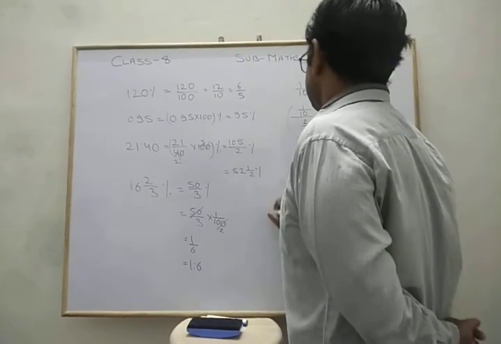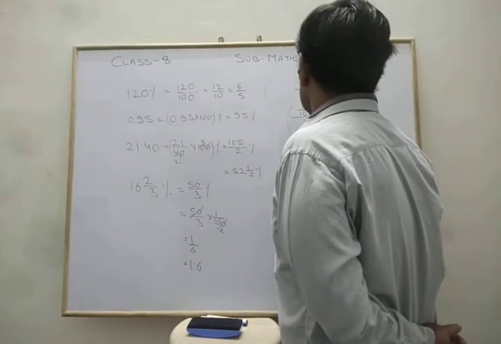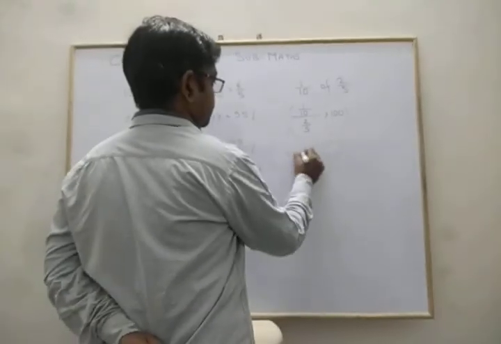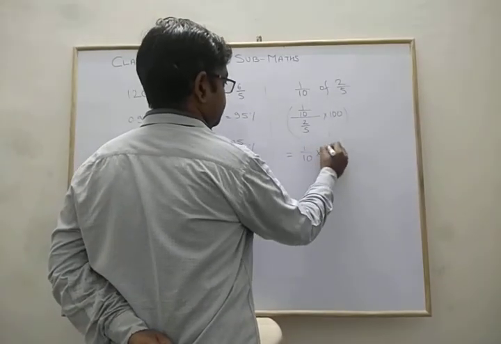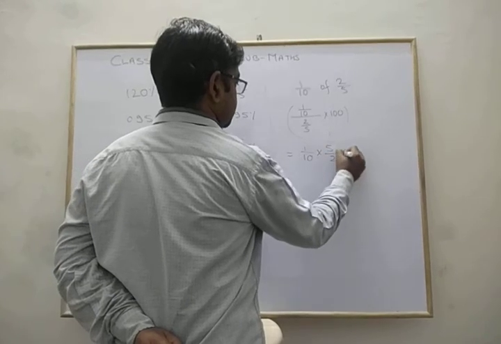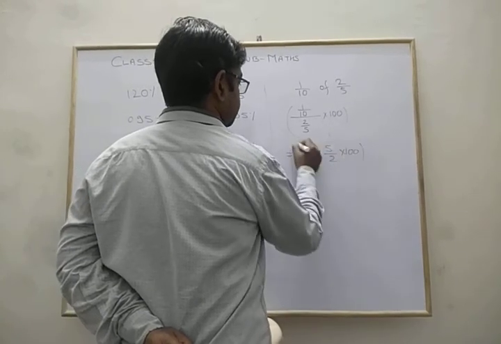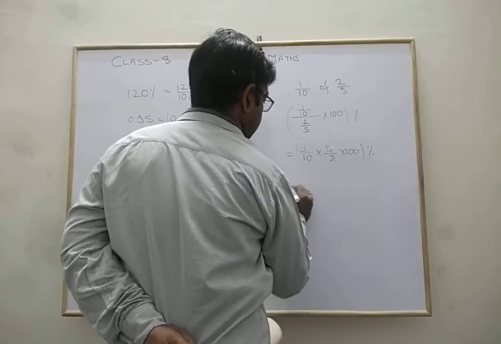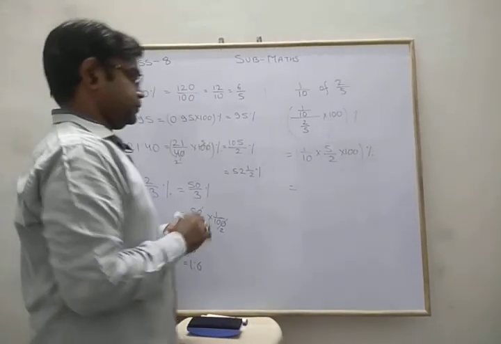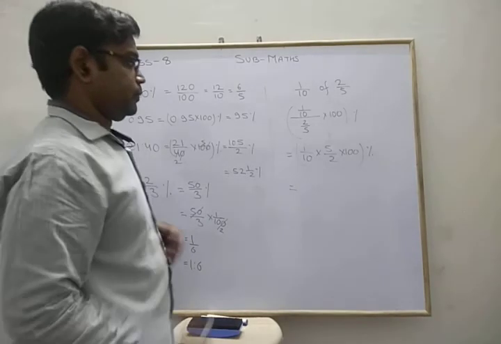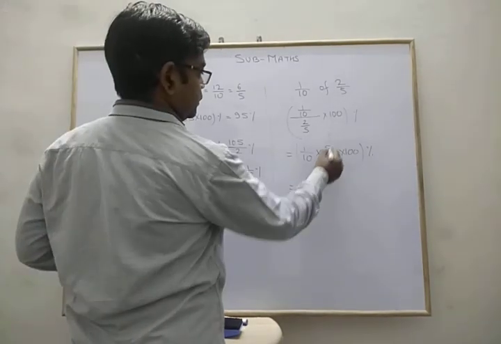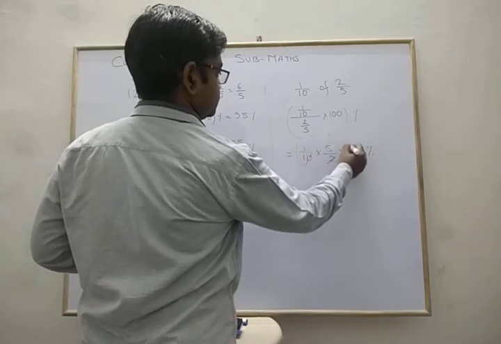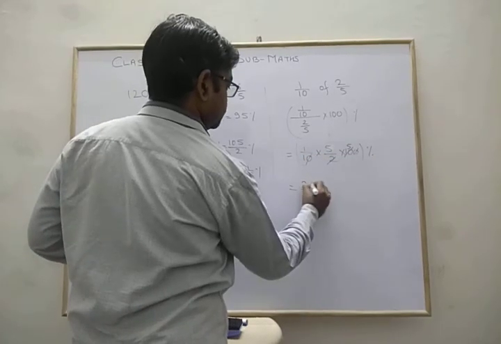So 1 upon 10 divided by 2 upon 5, that is 5 upon 2, into 100%. Simplify it. It is 25%.